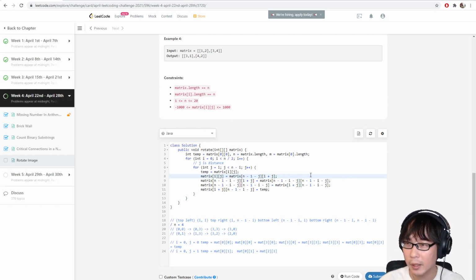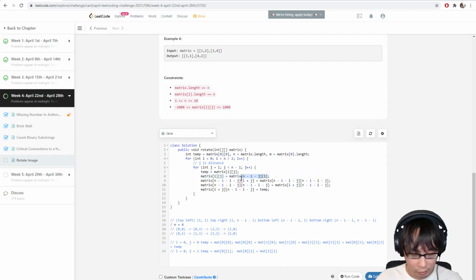Okay, so the row is different, but the column should be the same, which is I. And then this one, oh, my cat is trying to type for me.